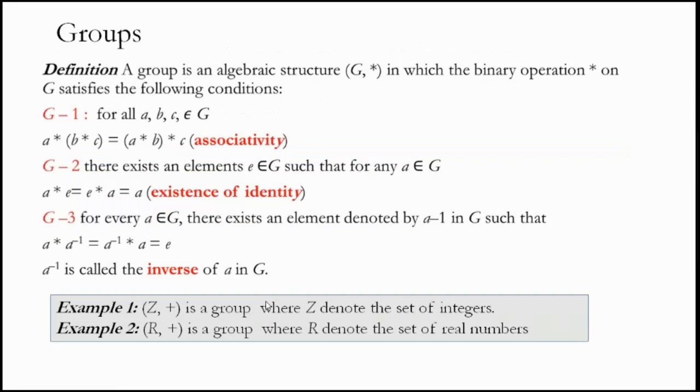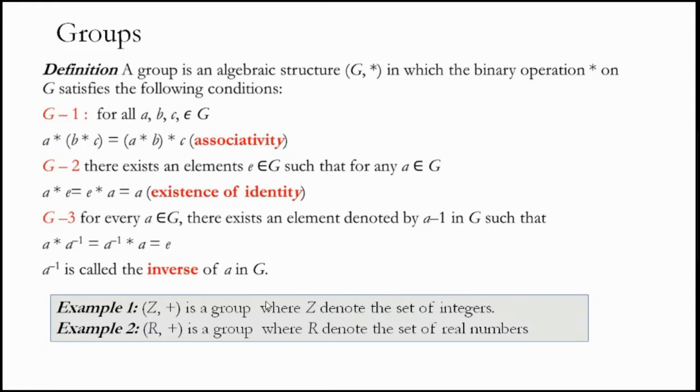So next, we'll move on to the concept of groups. A group is an algebraic structure G comma star in which the binary operation star on G satisfies the following conditions. What are the conditions?